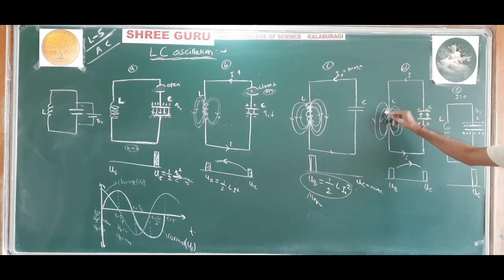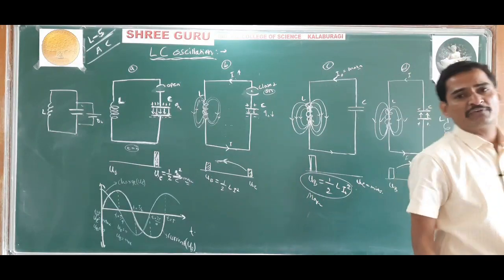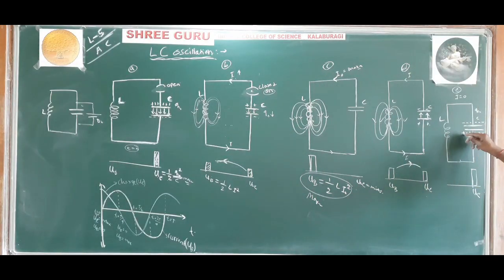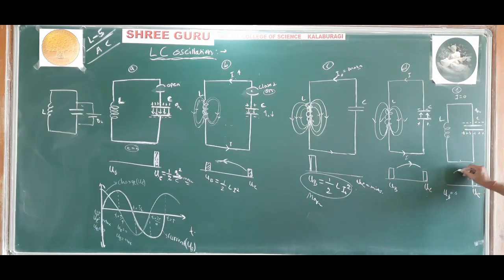Later the magnetic energy completely decreases, that is, the magnetic flux completely decreases. Then the charge stored on the capacitor becomes maximum, that is, the electrical energy stored in the electric field of the capacitor becomes maximum. The complete magnetic energy is converted into electrical energy.